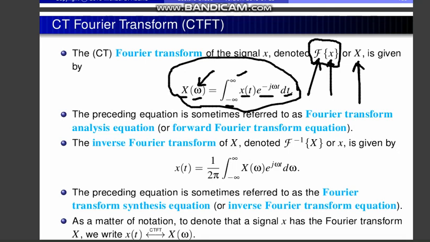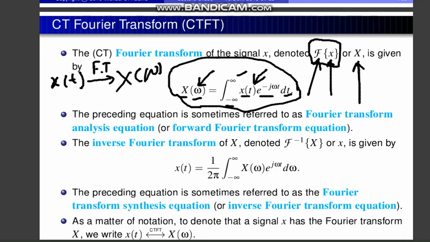The Fourier transform transforms a time domain signal to its frequency domain. If we take the Fourier transform of x(t), we will get X(omega).